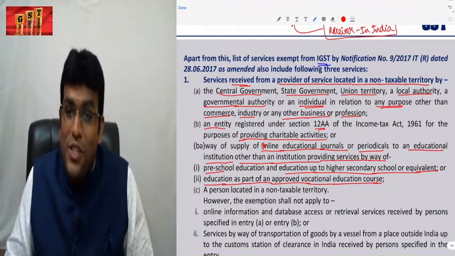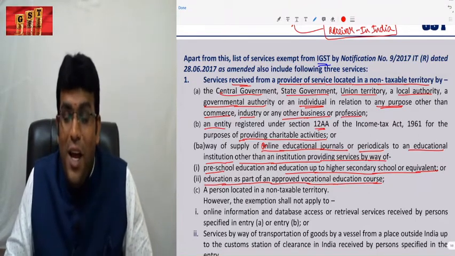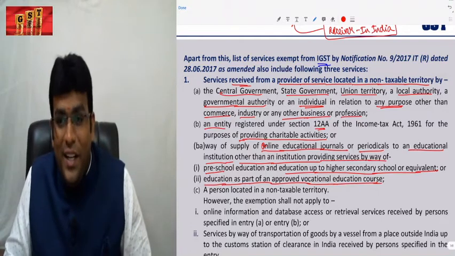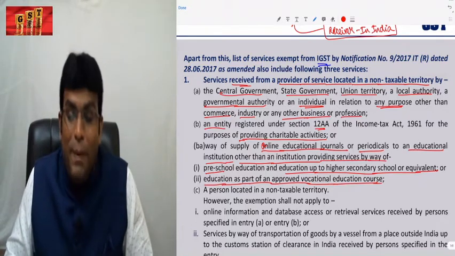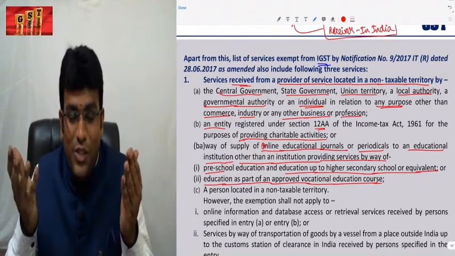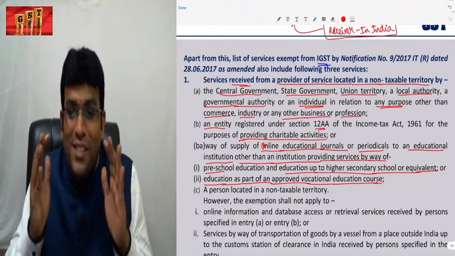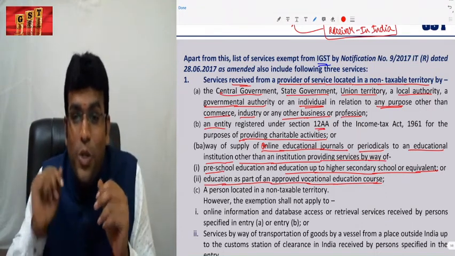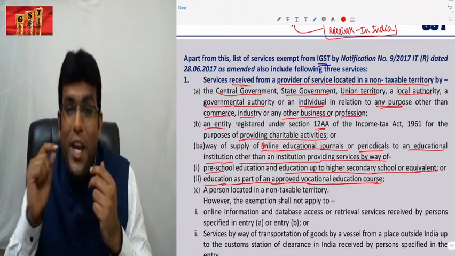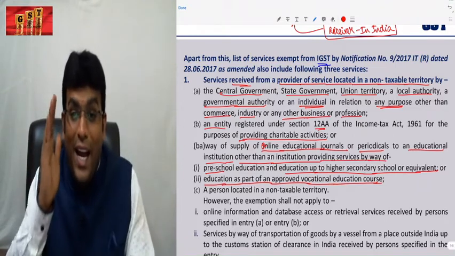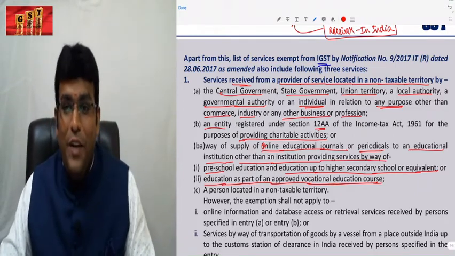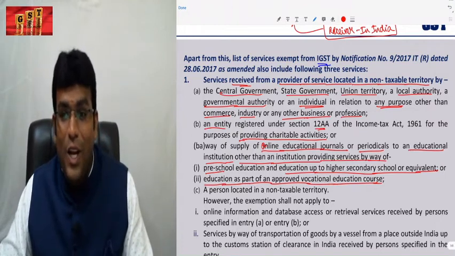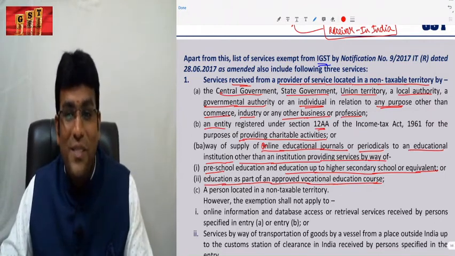But other than an institution engaged in providing service by way of preschool education and education up to higher secondary school or equivalent and education as a part of approved vocational course, then who else is covered? Educational institution engaged in providing education as a part of curriculum for obtaining a qualification recognized by any law for the time being in force.